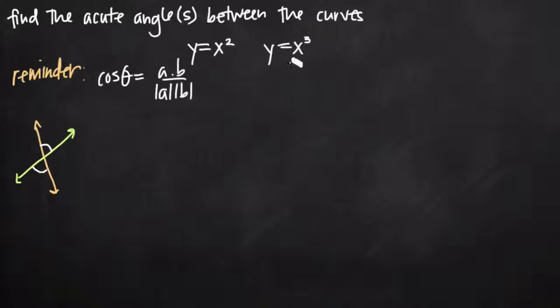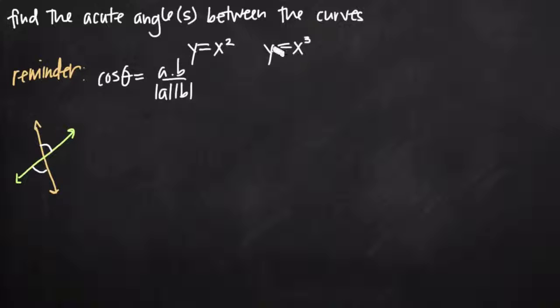Well, when we talk about finding the acute angle between two curves, really all we're saying is that we're looking for the angle between the tangent lines to these curves at their points of intersection. So in that way, it really simplifies to an angle between two lines problem instead of an angle between two curves problem. The only difference is that we have to do two steps before we can just look for the angle between two lines.